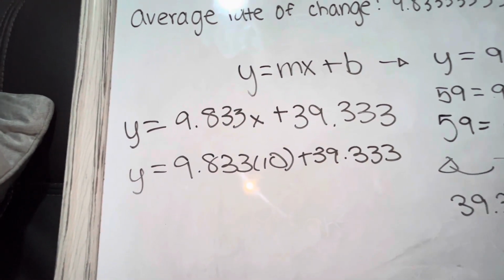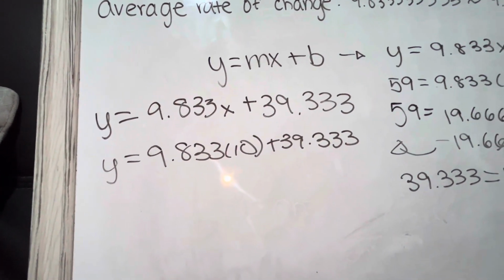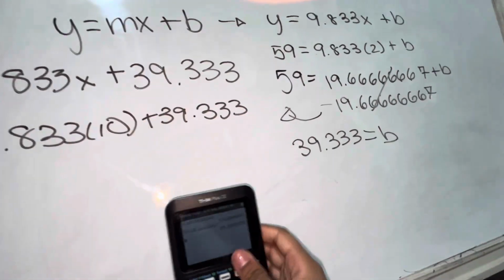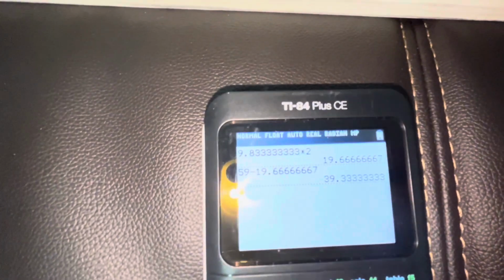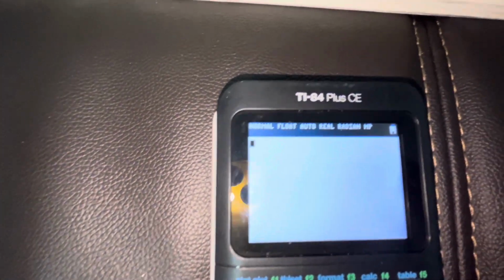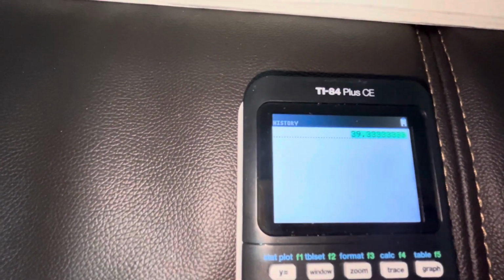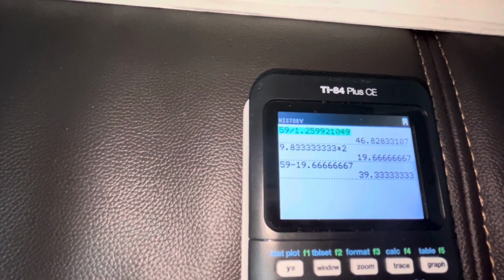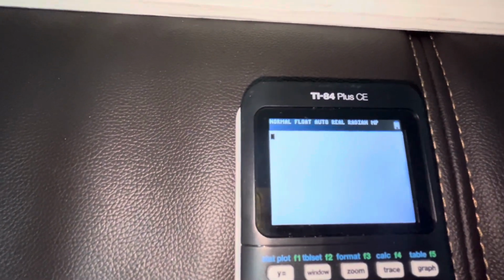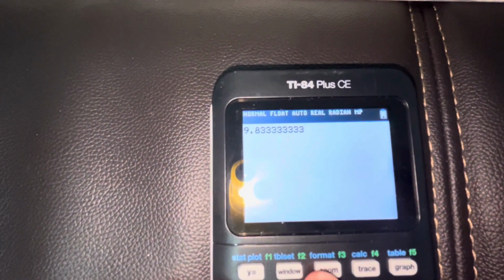So let's put that into our calculator. 9.8333333. Let's make sure it's the same amount of threes.